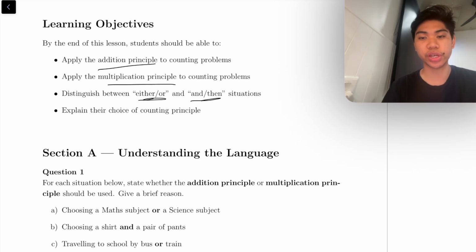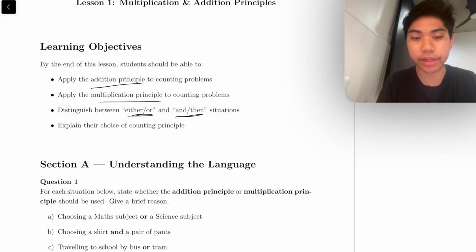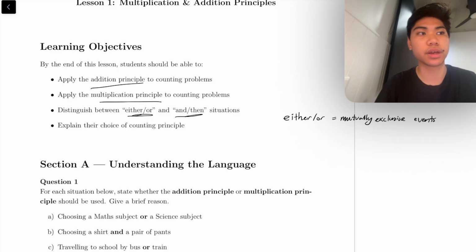So essentially, the main concept in this lesson is understanding that whenever we have an either/or in our scenario, that means that we have mutually exclusive events, okay? That basically means that they cannot happen at the same time.